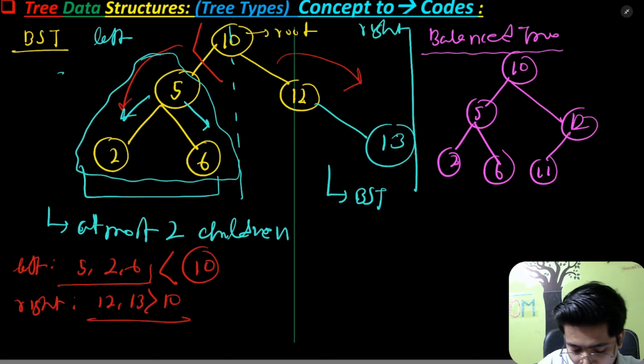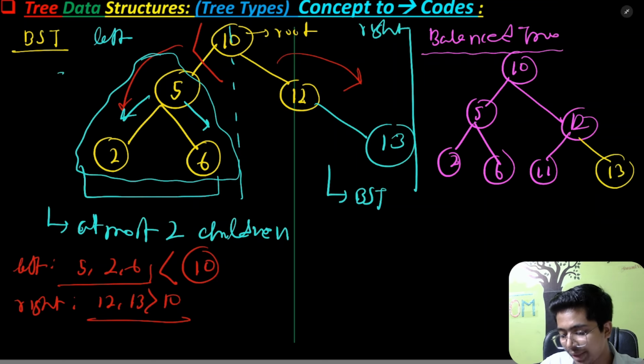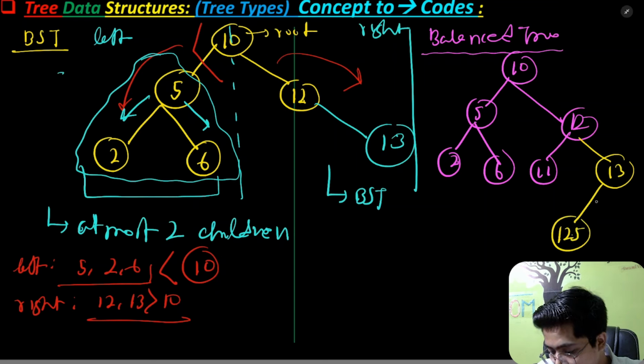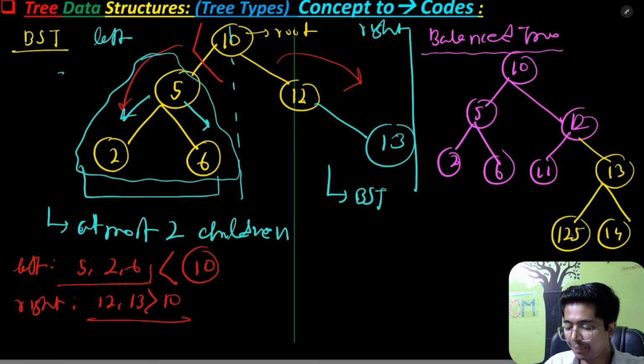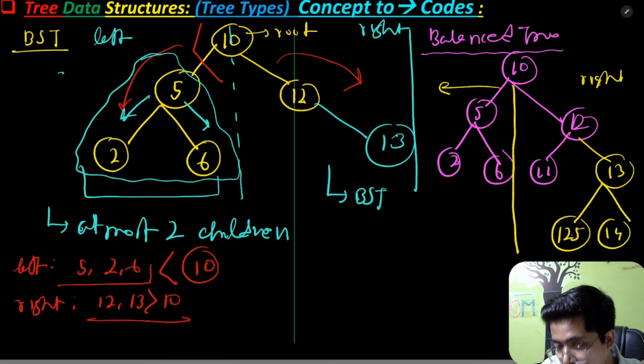If you observe the tree, we can also take more elements, like here we can take 12.5, and here we can take 14. If you observe the left tree and the right tree, this side we call the left tree, and the right side we call the right tree.